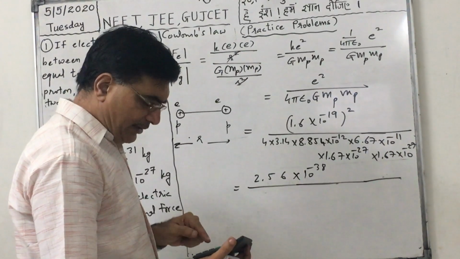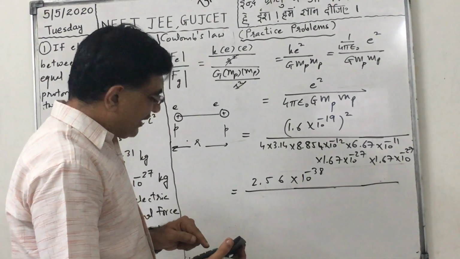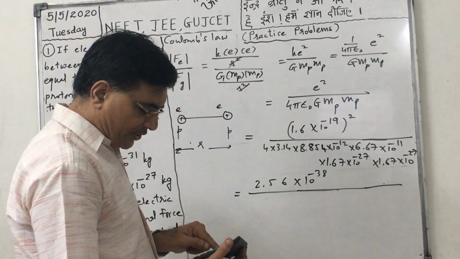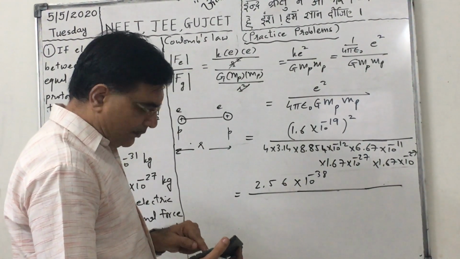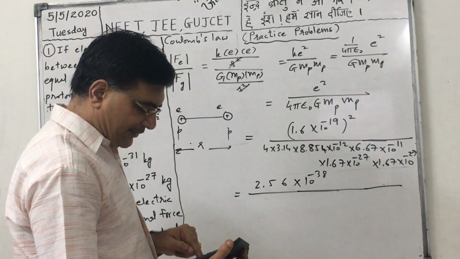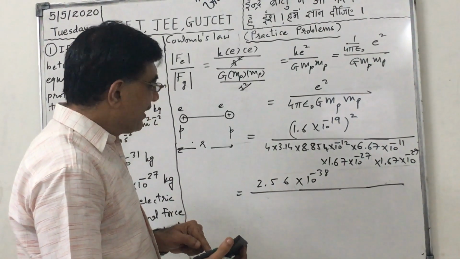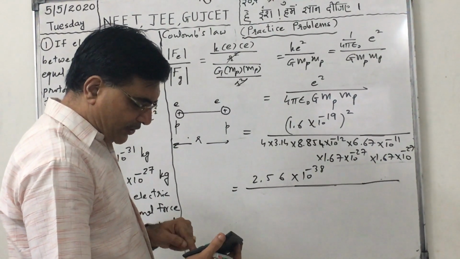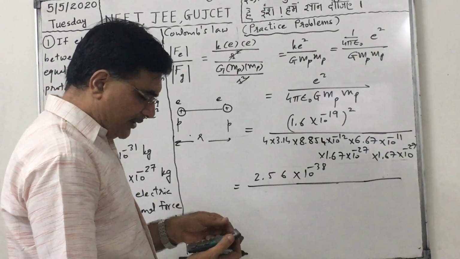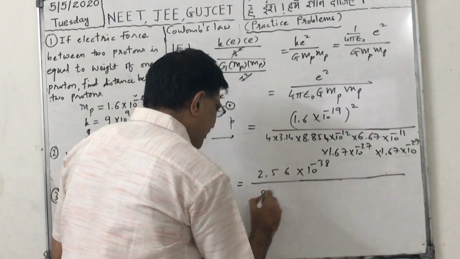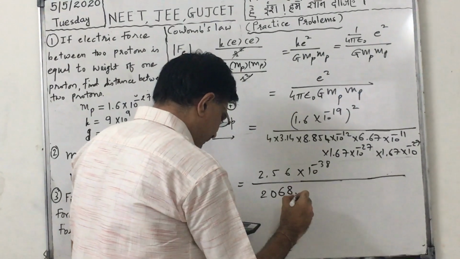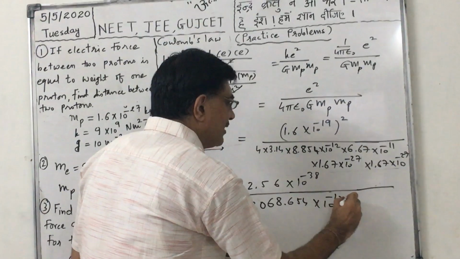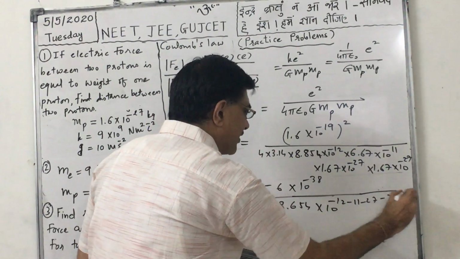Again, 4 multiplied by 3.14 multiplied by 8.854 multiplied by 6.67 multiplied by 1.67 multiplied by 1.67, and that comes to 2068.654 into 10 raised to minus 12, minus 11, minus 27, minus 27.